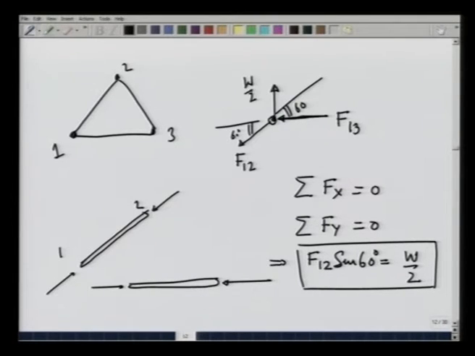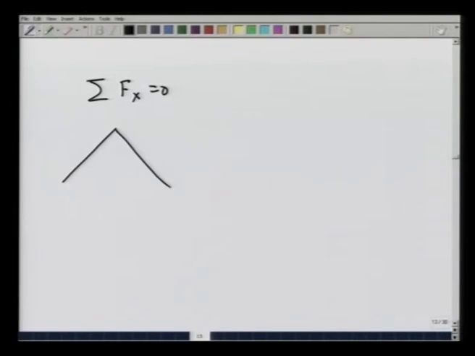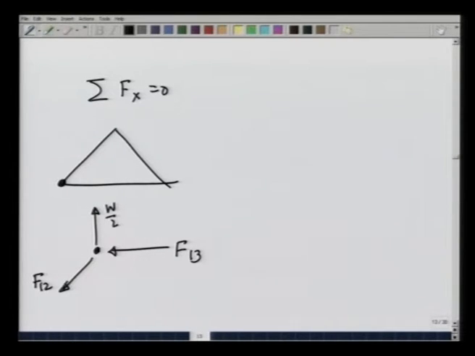Similarly, summation F x is equal to 0. I recall that I am talking about this pin. On this pin, there is a force this way, F 1 3, F 1 2 and W by 2. This angle is 60 degrees.